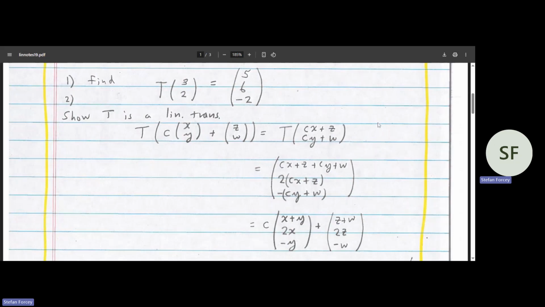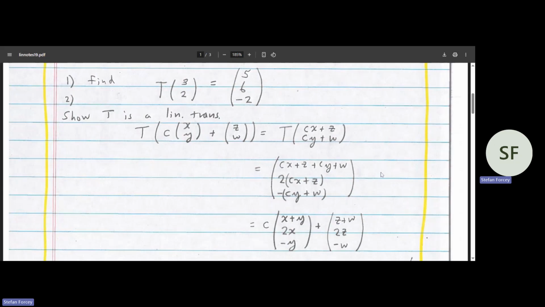So if you do the linear combination first, multiply by the c and get cx and cy, add on the z and the w, then you're using T on (cx plus z, cy plus w). So you add them together to get the first component, multiply the top one by 2 to get 2 times (cx plus z), and just take the negative of the second component, so negative (cy plus w).